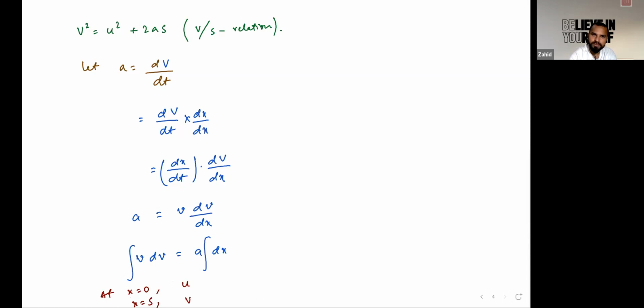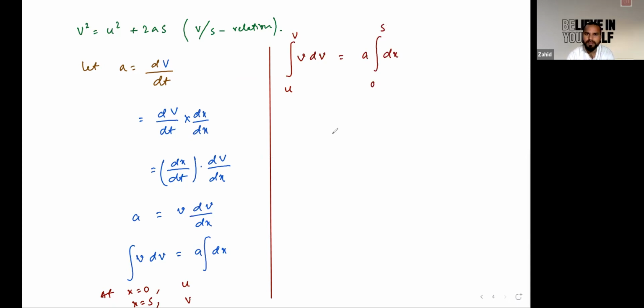Now on putting these limits in this equation, you will get the integral of v dv from u to v is equal to a times the integral of dx from 0 to s.